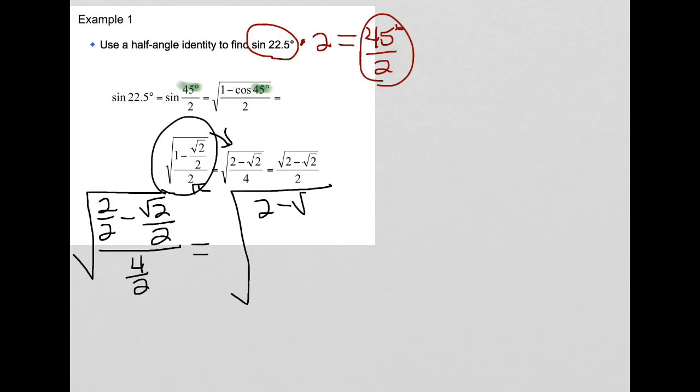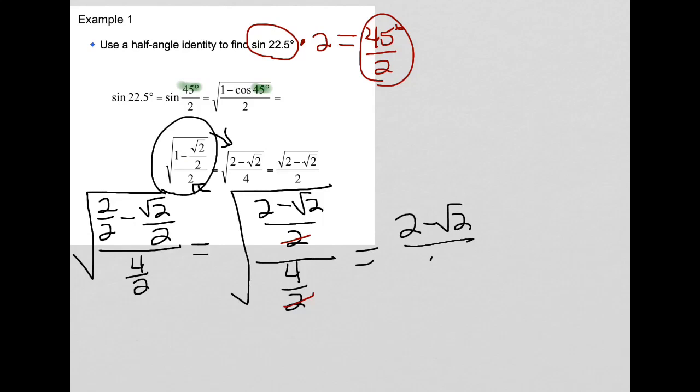What happens here, if I combine this into one fraction up on top, and write this as 4 over 2 on the bottom, if I did the keep flip change, remember these two denominators would simply cancel out, and I now have 2 minus the square root of 2 all over 4.